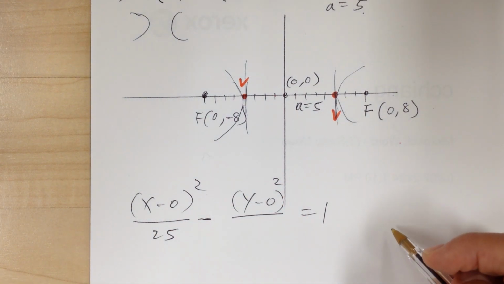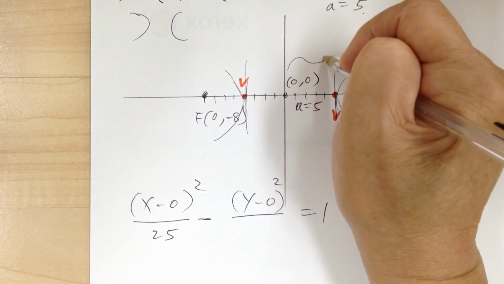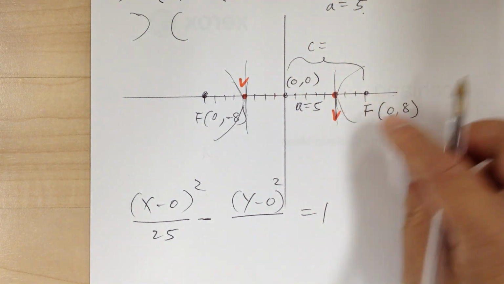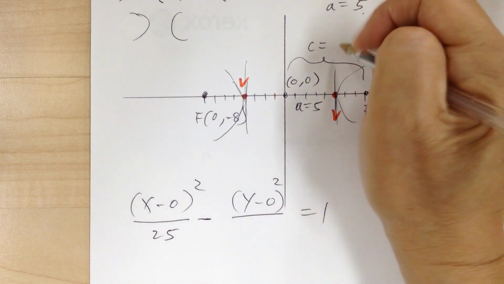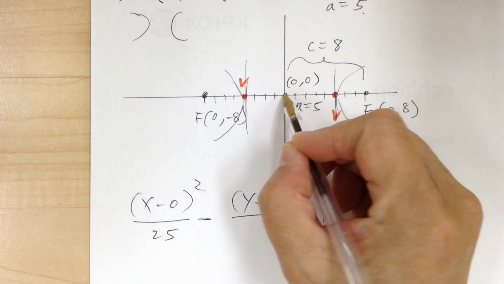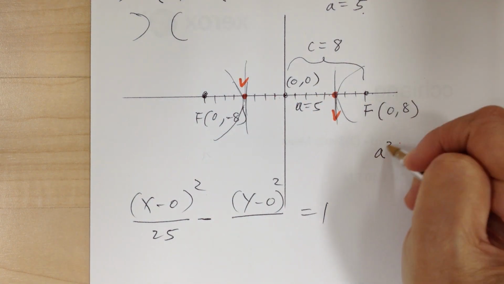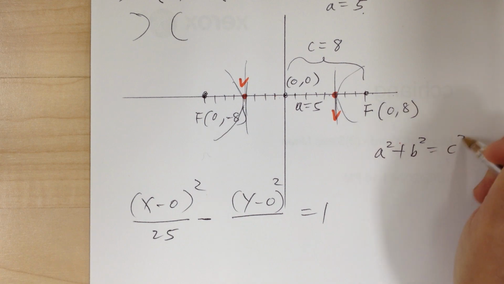Now to find b, you have to use the Pythagorean theorem. This over here is your c, so c is equal to 8. Again, you can sketch it out. This is your a, that's your c. Then use the Pythagorean theorem: a squared plus b squared equal to c squared.